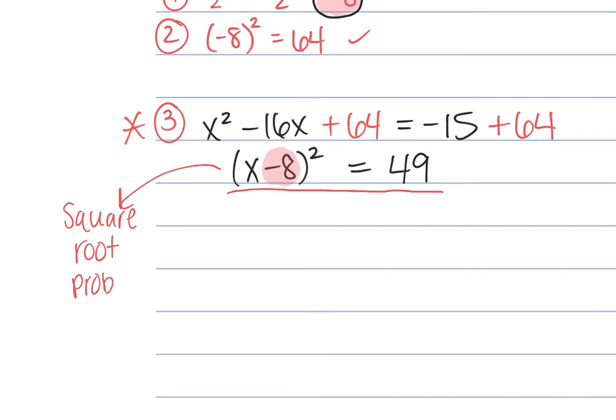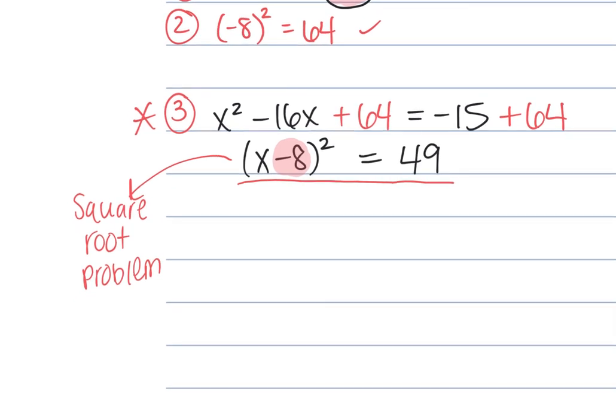Okay, now listen carefully. The whole reason we do completing the square is so that we get a square root problem. Now, all we need to do to solve this is take the square root of both sides. Whenever I take the square root, I'm going to be super careful and always remember plus or minus.